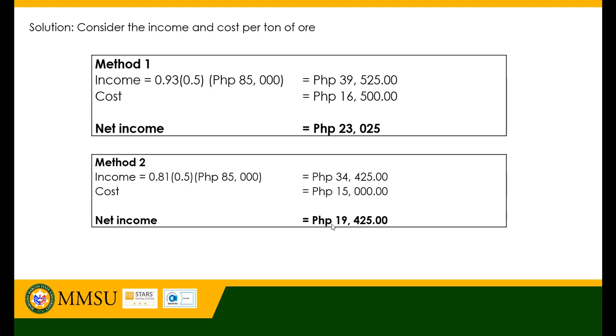So ang net income natin, subtract income and cost or expenses, 19,425 pesos. So obviously, the first method of processing is better by 3,600 pesos. Okay, so piliin mo yung first method. Although mas mahal siya, mas marami ka naman gold na makukuha, so mas marami kang maibebenta. Okay, ganun lang, simple.